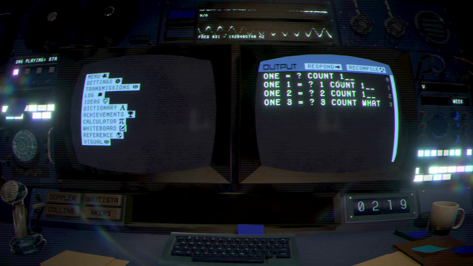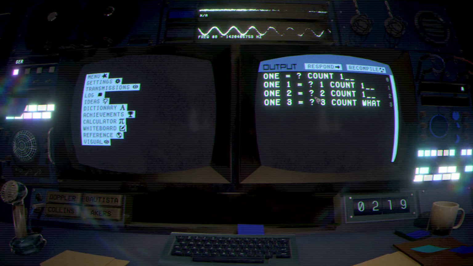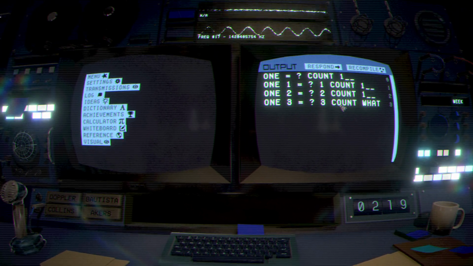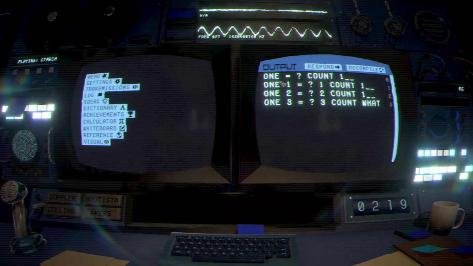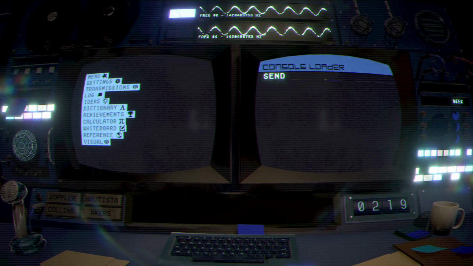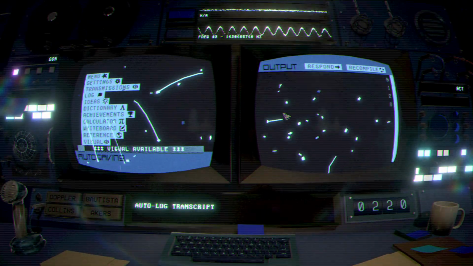One equals something count 1. 3 count what? And it seems to be 1, but I'm not quite understanding what we're talking about here. Let's just muddle through. It'll probably become clear in a future transmission.